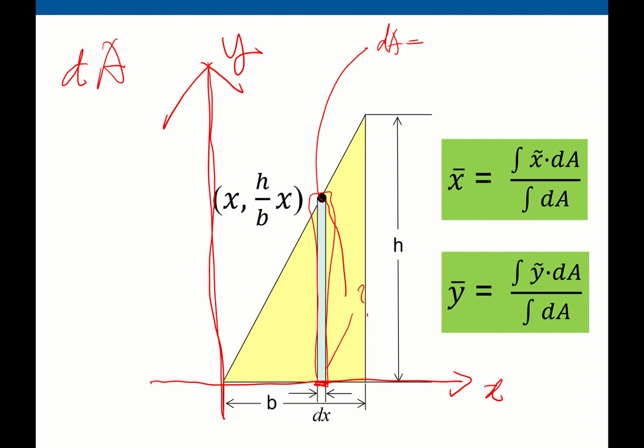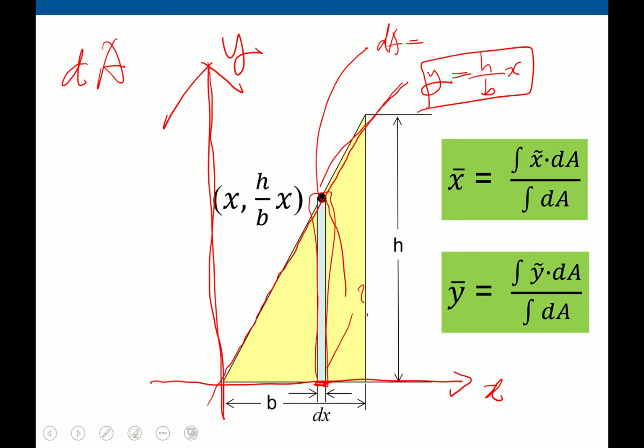We can draw the line along the surface, and then we can draw the equation y is equal to h over b x, this line.